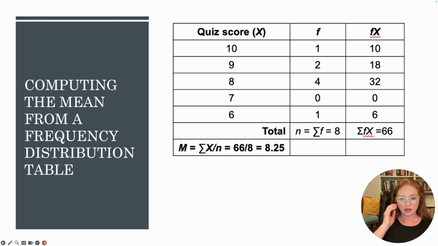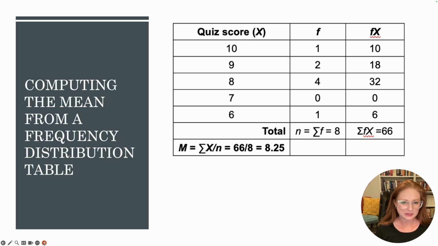We have all of our bits here: sum of x divided by n, or in this case, 66 divided by 8. And 66 divided by 8 yields 8.25.